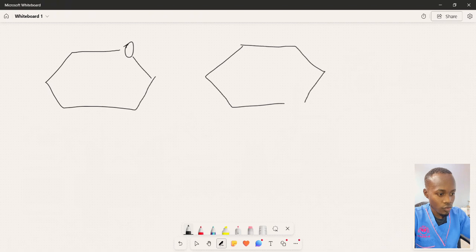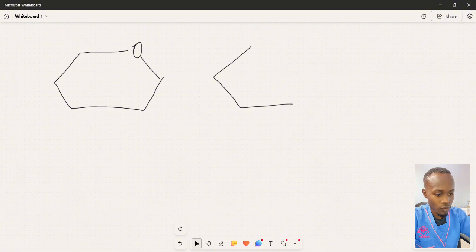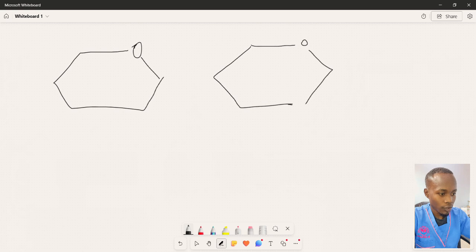galactose, which is also a 6-sided ring. In other words, it's a pyranose. So when you combine these two, let's replace the sugars first so that we don't miss them out.